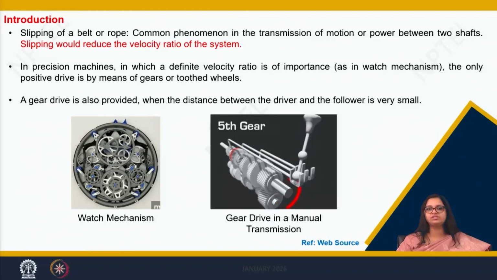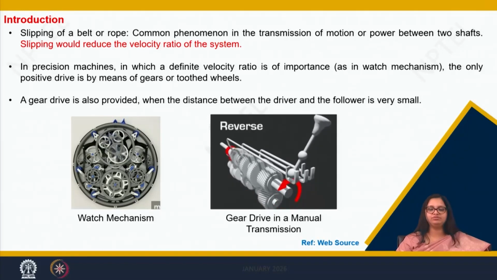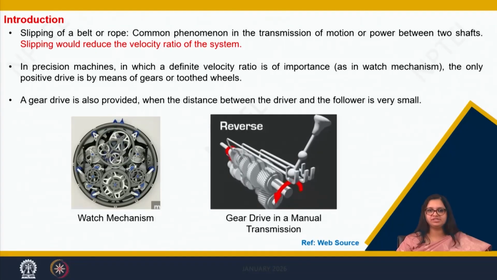We understood what the problem of slippage is in the last class, and we also understood how to get the final driven speed when there are two pulleys and the belt passing over them slips on one of the pulleys. Now in some devices, like your watch, if such slippage occurs, it would create a bigger disaster.